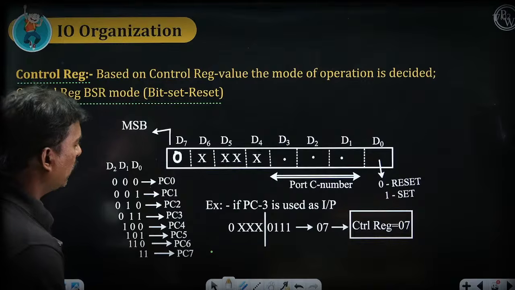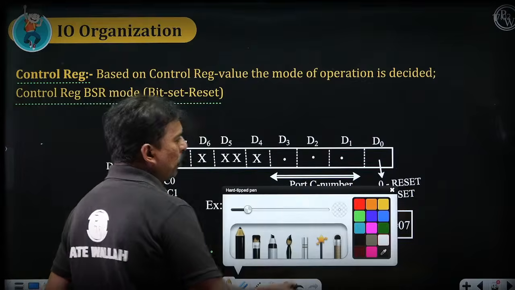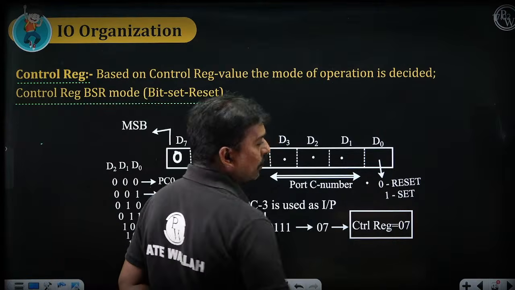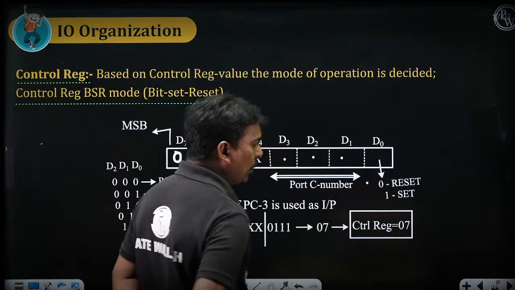See here, if port C3 is used as input, this will be 1; for output, this will be 0. For input this will be 1, for output it will be 0.